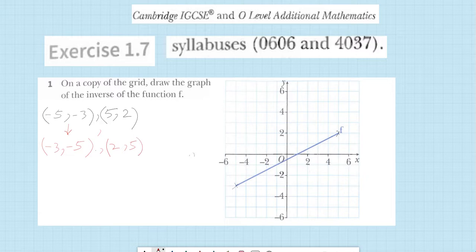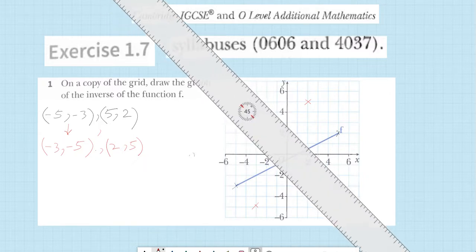Plot these 2 points. x is minus 3, y is minus 5, so this is the first point, and x is 2, y is 5. This is clearly y equals 5. With the help of a scale, join these 2 points. So this is our scale.